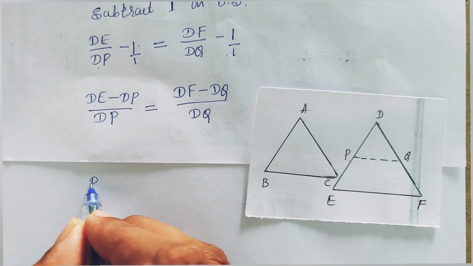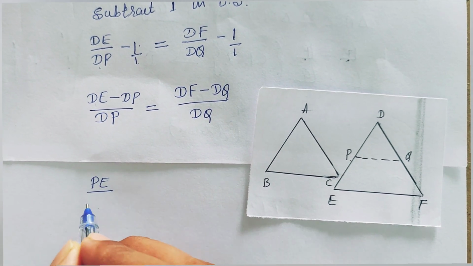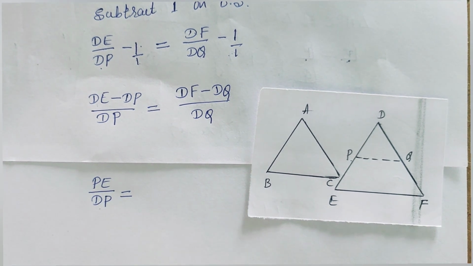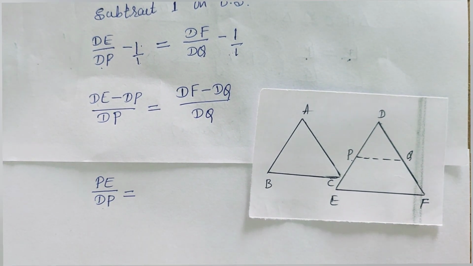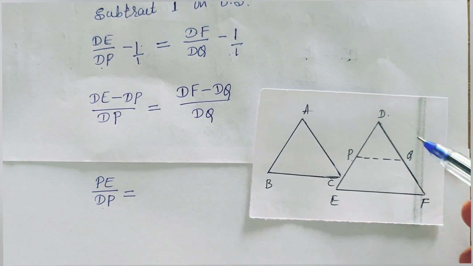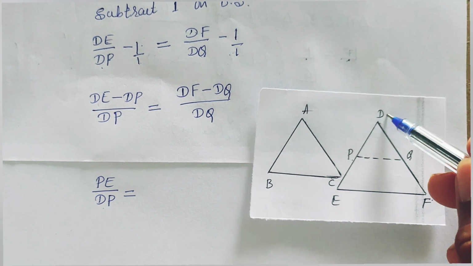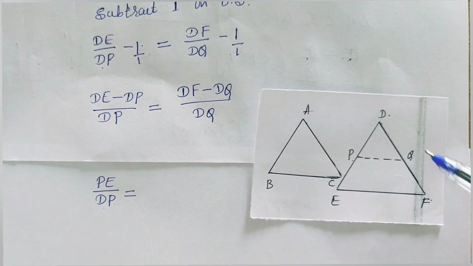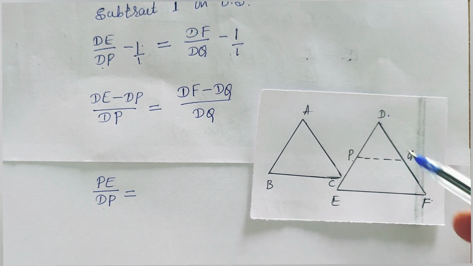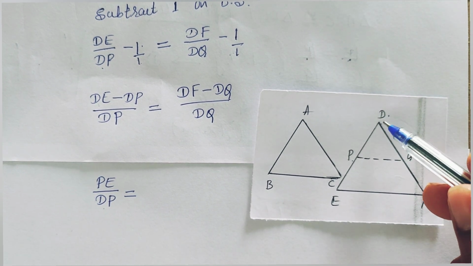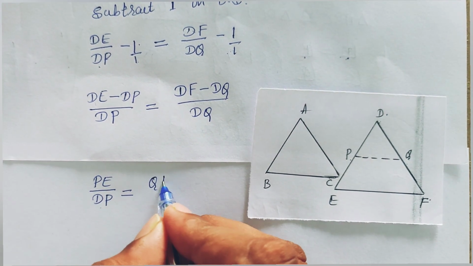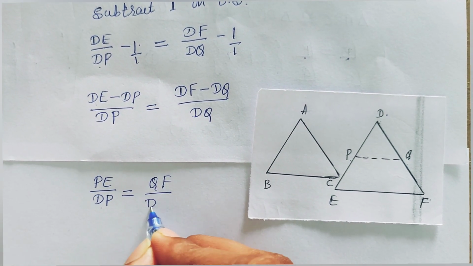So PE divided by the denominator as it is DP, which is equal to, on this side, DF minus DQ. You can observe the figure here. In DF, if we remove DQ, we will remain with only QF, that is QF divided by DQ.